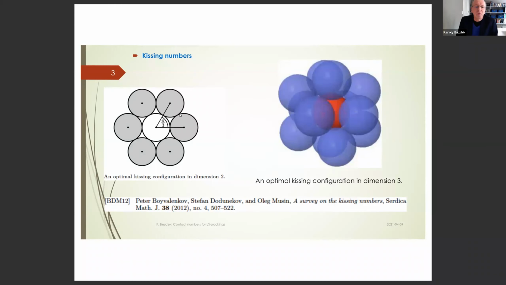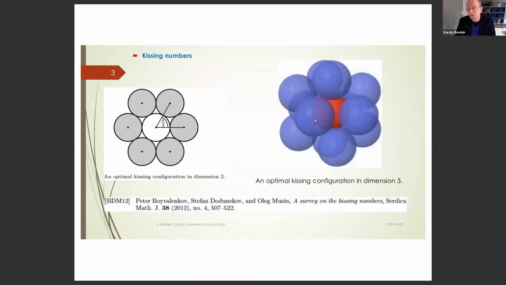Here on the left, you see the two-dimensional trivial case. 6 is this largest number. But if we increase the dimension, the problem changes character in the sense that it becomes more complex. In 3-space, you see here a red unit ball touched by 12 blue unit balls, and the unit balls are positioned at the vertex set of an icosahedron.